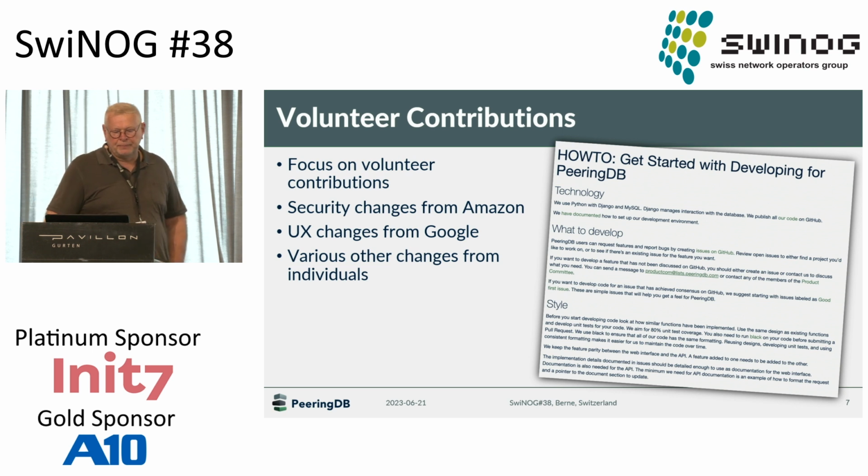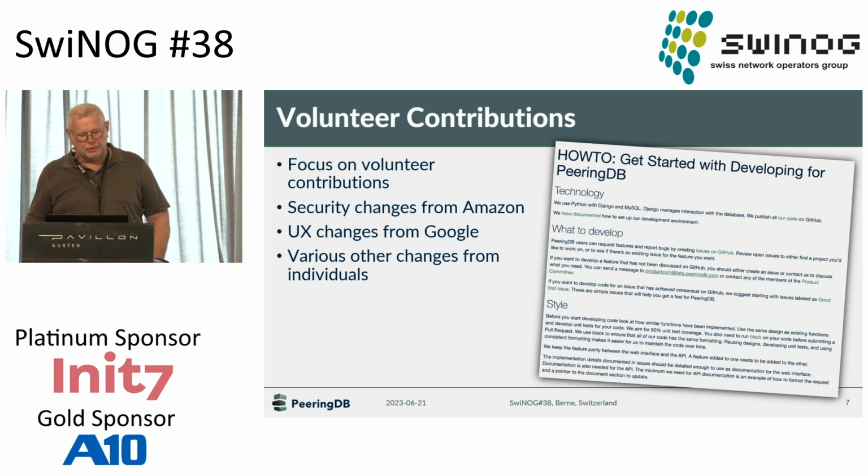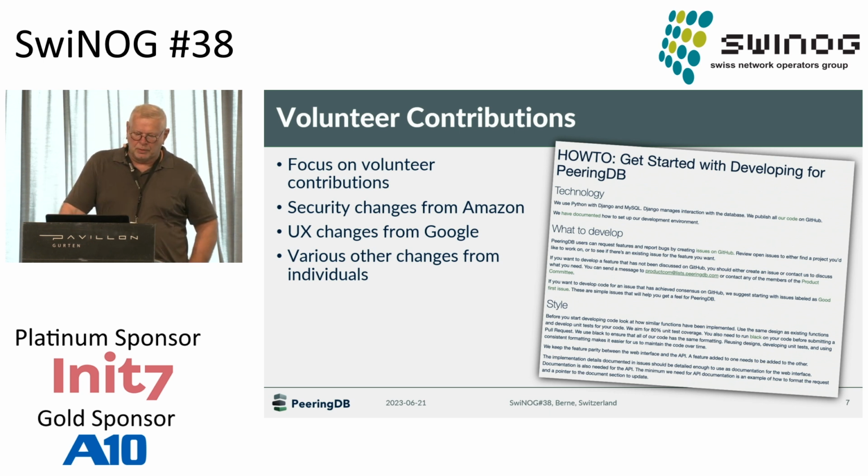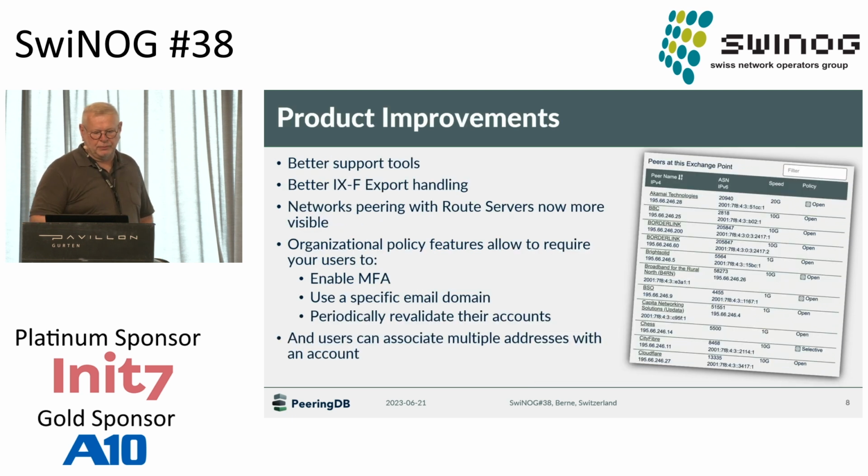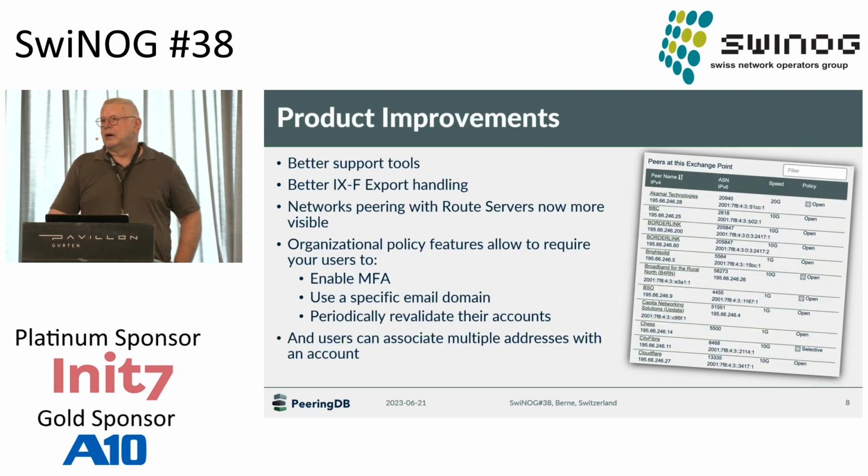So we had security changes from Amazon, and we have UX changes from Google, and also other changes from individuals. So we had an overall product improvement, better support tools.